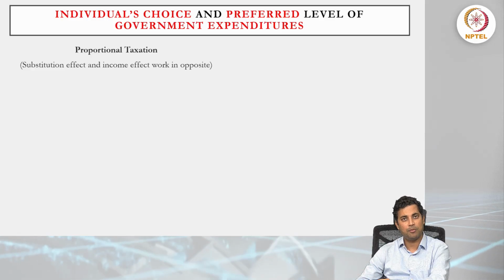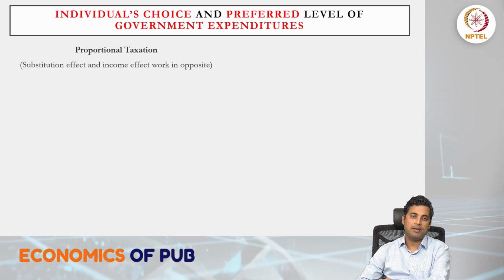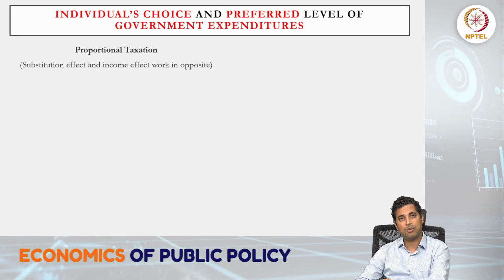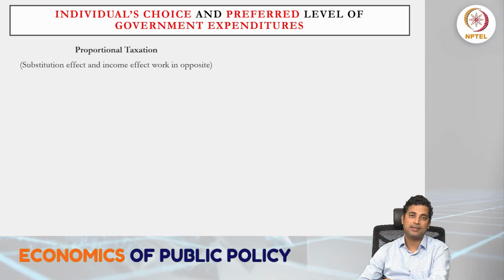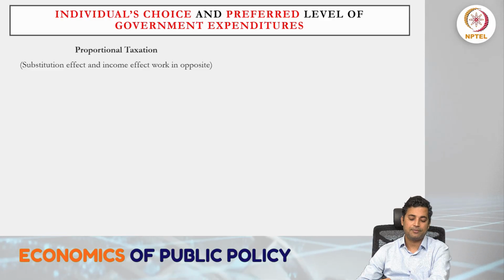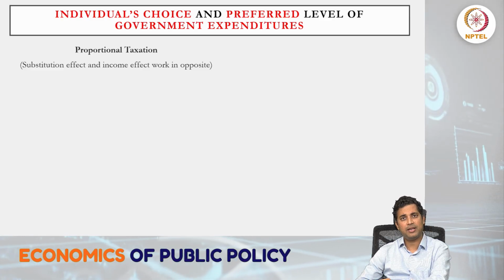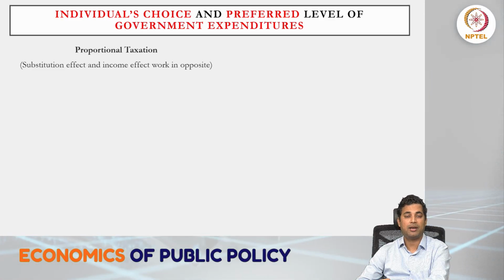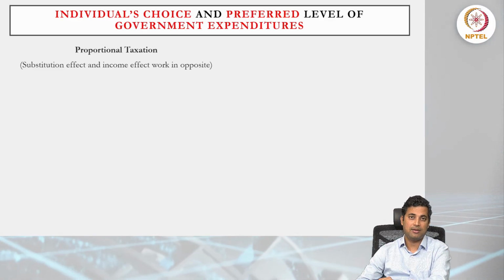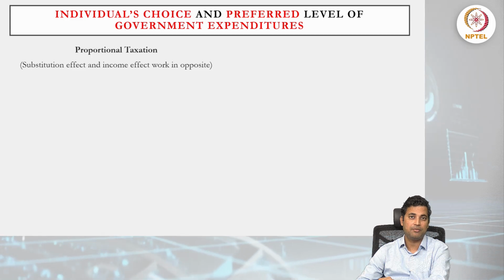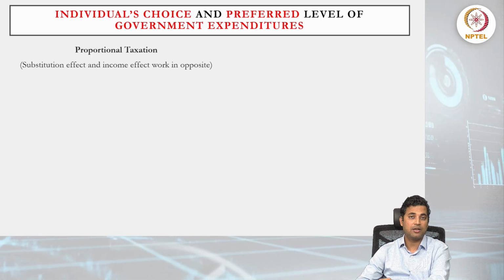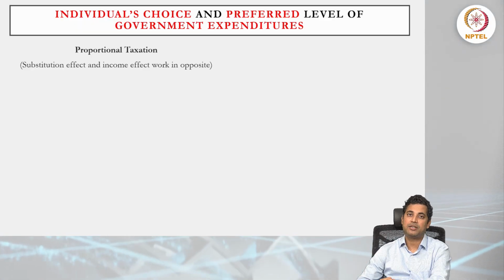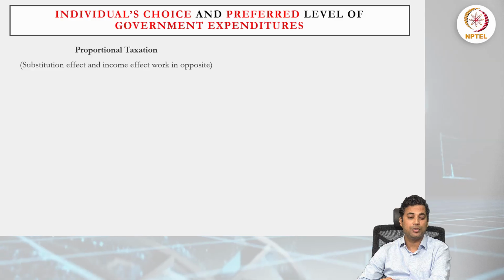If I consume less as my income increases, those commodities are referred to as inferior goods. The example we gave for inferior goods is public transportation. As my income increases, if I consume less public transportation and more private vehicle, then the private vehicle is a normal good, but public transportation is an inferior good.